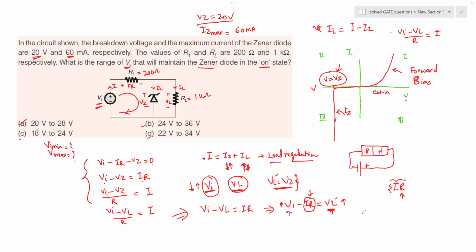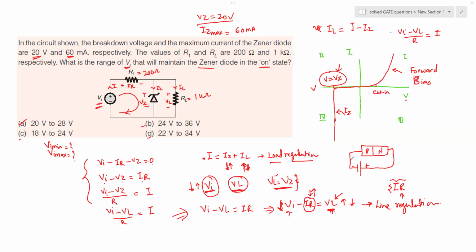In reverse fashion, if VI goes down, VL is going to go down, and then the IR drop has to go down in proportion so that the VL can be brought back to its original value. This is the concept of line regulation. We are seeing this one by one.